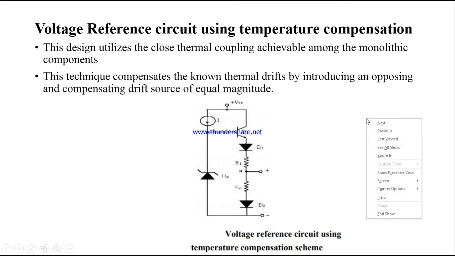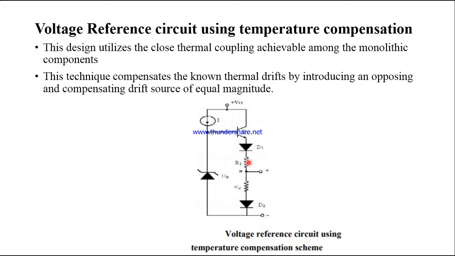Here, we see the constant current source I, which is supplied to the avalanche diode DB, and it provides a bias voltage VB to the base of Q1. The temperature dependence of the VBE drop across Q1, and thus across D1 and D2, results in the temperature coefficients.